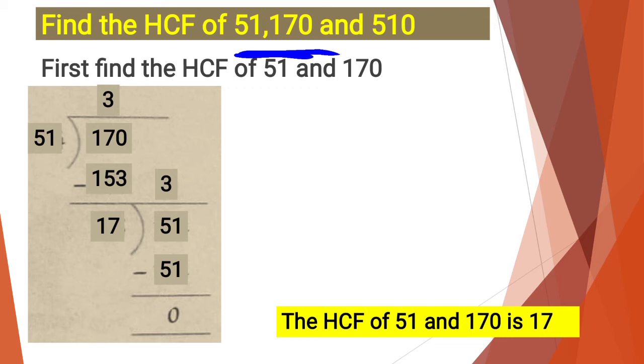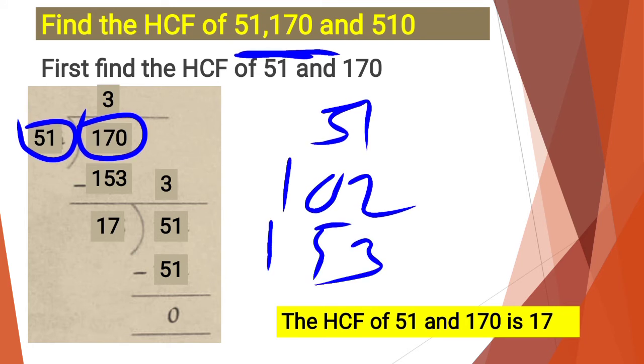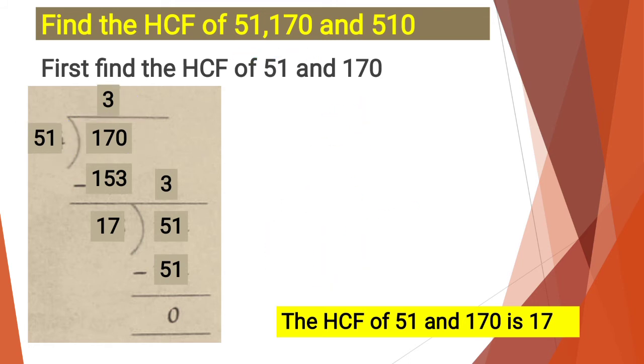We have to divide this 170, the middle number, by 51. 51 ones are 51, 51 twos are 102, and 51 threes are 153. That is why I have written 3 here and 153 here.